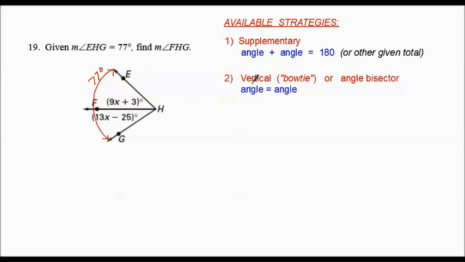I don't see any vertical angles here, and they're not really telling me that this ray is a bisector, so I cannot assume that. So the only strategy I can use is the one that applies for supplementary or other given total, which in this case our other given total is 77. Angle plus angle equals the big angle. So we have, actually these are set up really nicely so that I can add them right here.